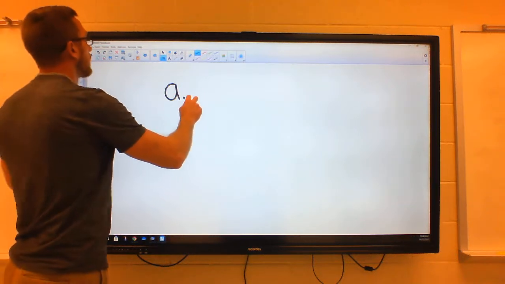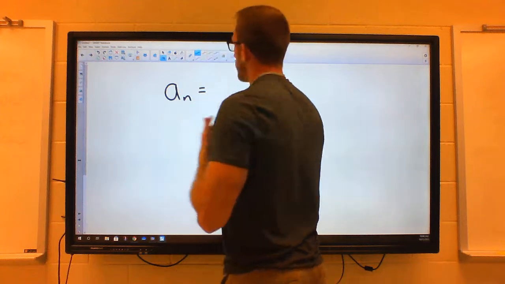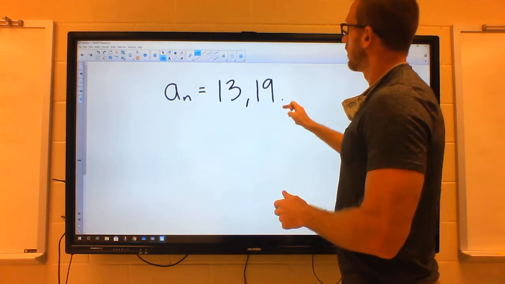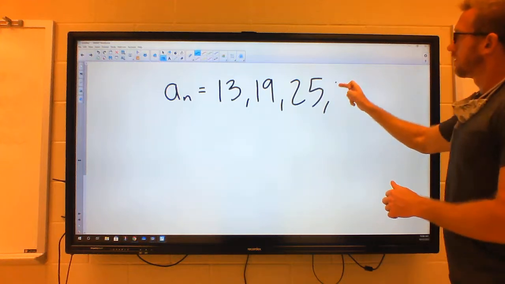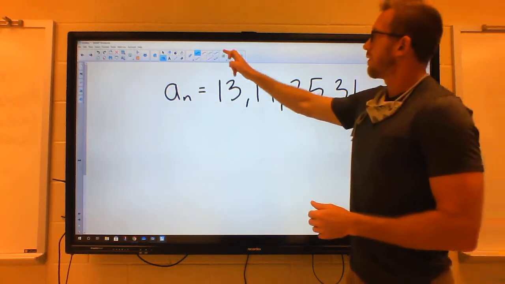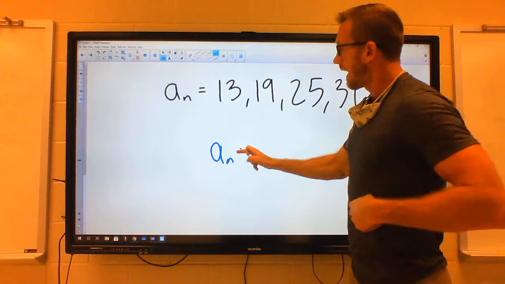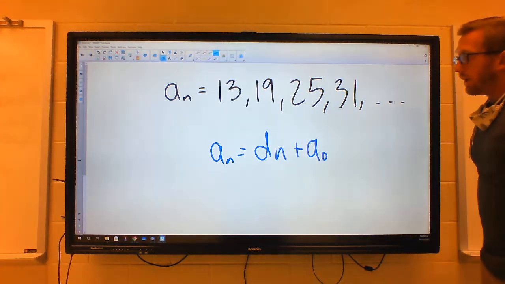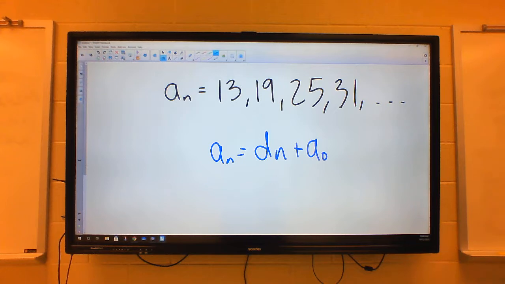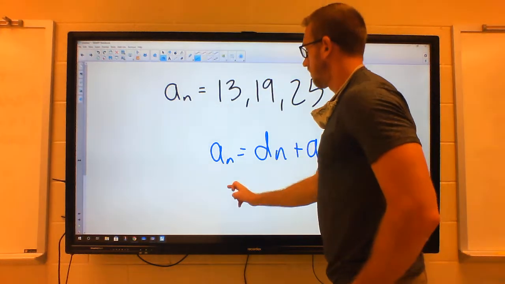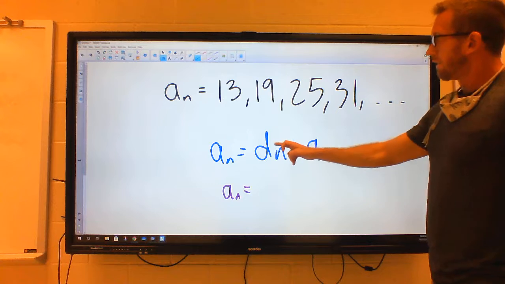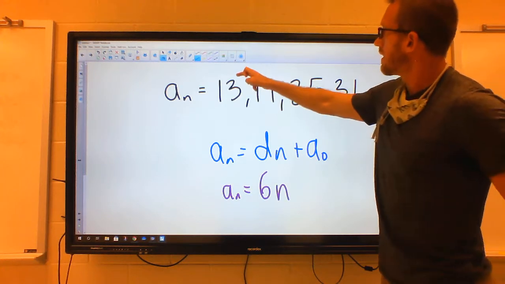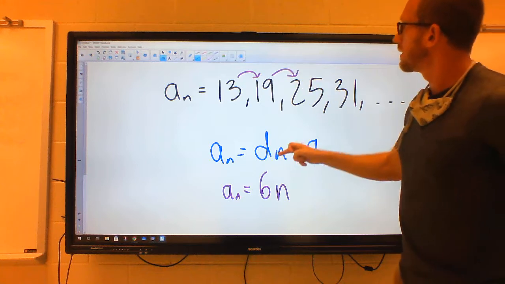Eventually you're going to get to the point, hopefully, if you use my trick where we go an equals dn plus a0, that it should start being really, really quick. You should start seeing common difference is +6. Go up 6, up 6.